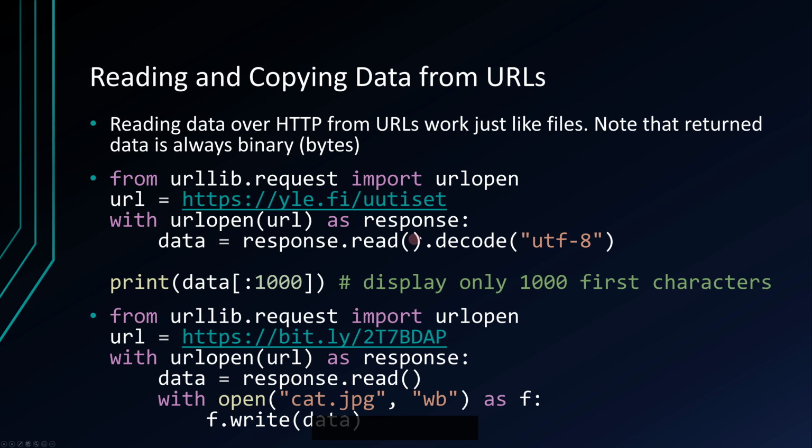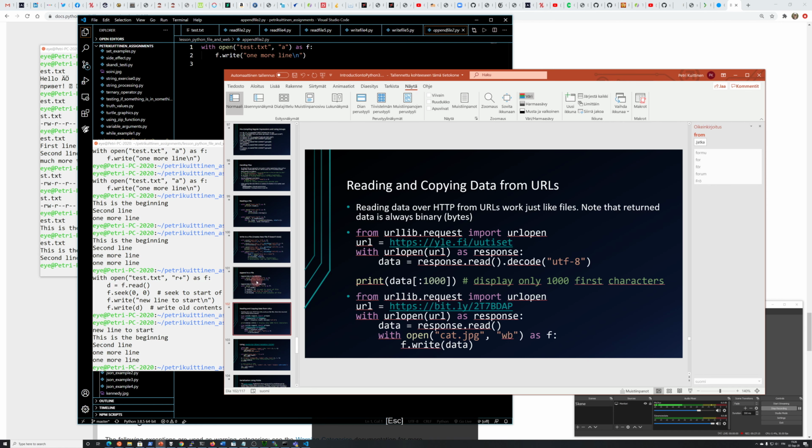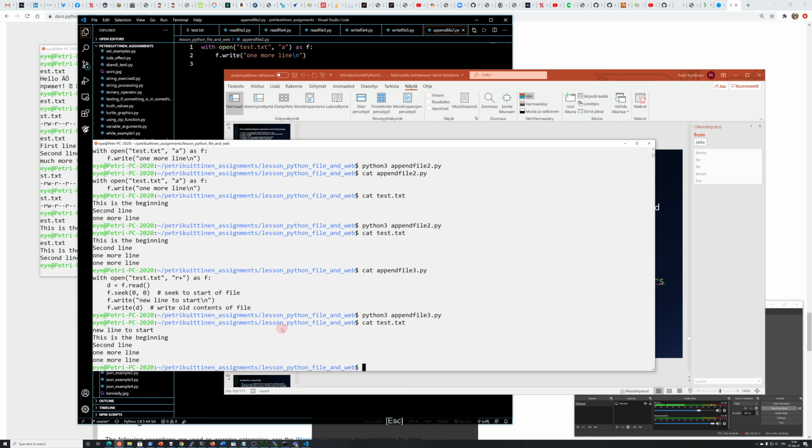But since this always returns a binary bytes construct, in order to turn it into a more human readable string, because this is an HTML file, we decode it into UTF-8. And instead of printing out the entire web page, which is probably a bit too much, we're just gonna print out the first 1000 characters. Let's see this in action. So we have the URL, was it read URL? Yeah, this one.